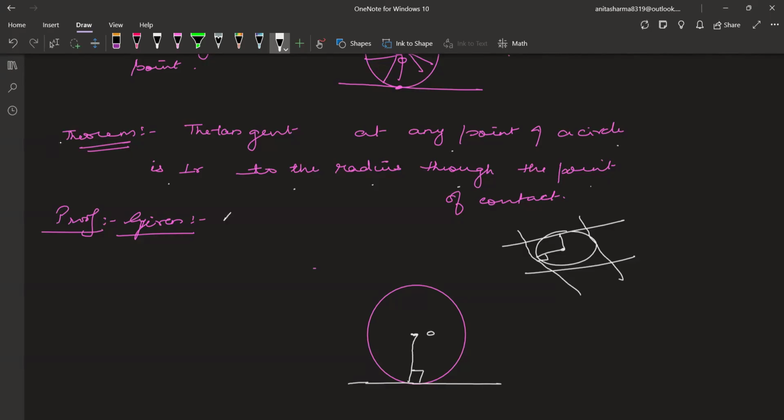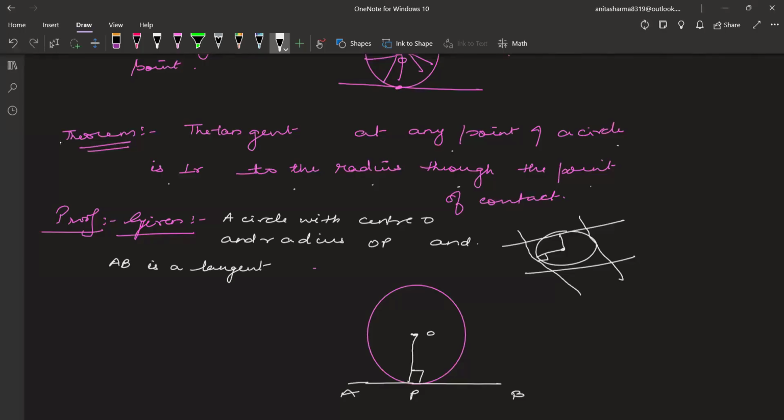So first of all, you will write given. A circle with center O and radius OP, and AB is a tangent drawn to the circle.